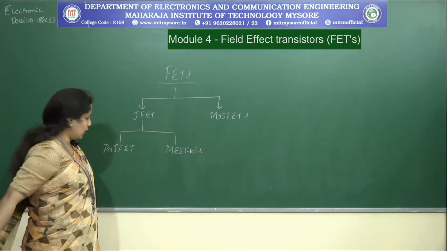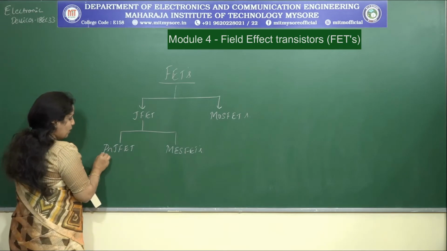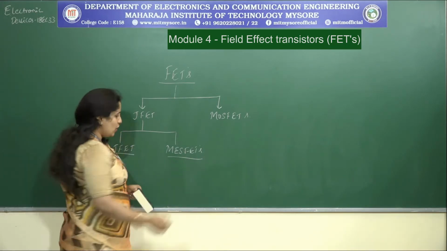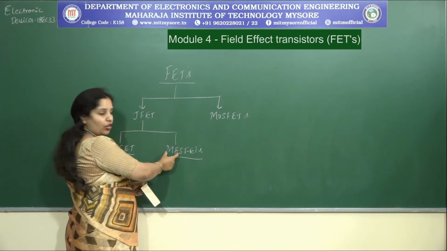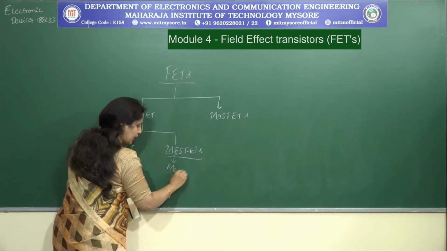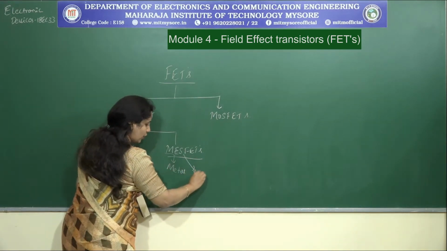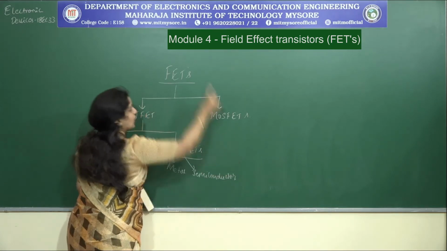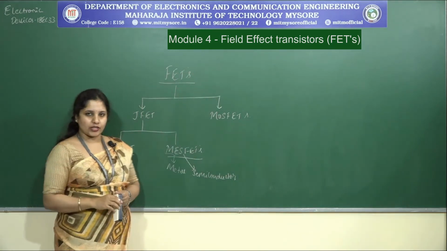What are the two classifications that we have? One is the PN JFET and the other is referred to as MESFET. ME stands for metal, S stands for semiconductor, and FET stands for field effect transistor.